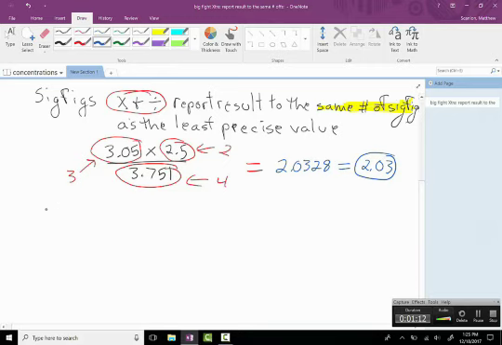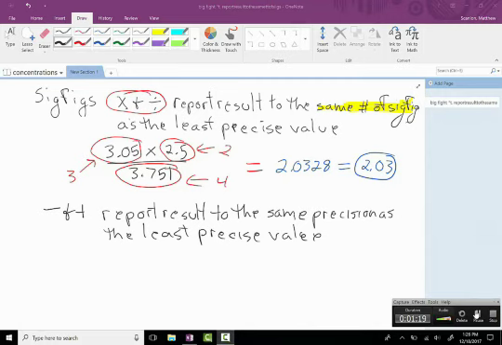For subtraction and addition, we'll write the rules down. For subtraction and addition, we're going to report the result to the same precision, not the same number of sig figs, but the same precision as the least precise value.